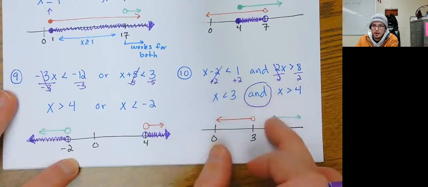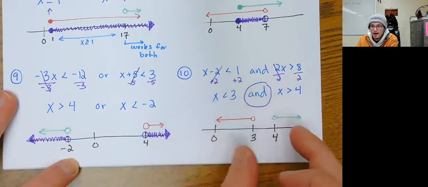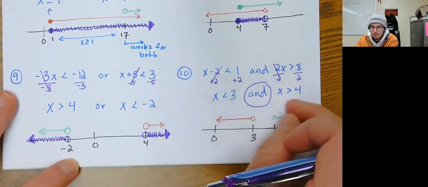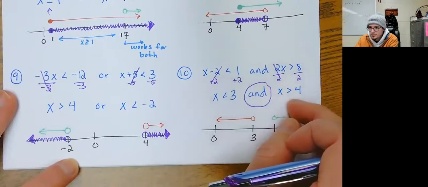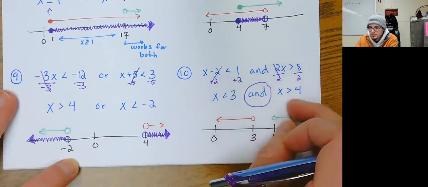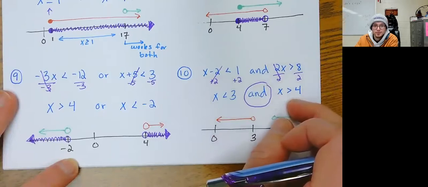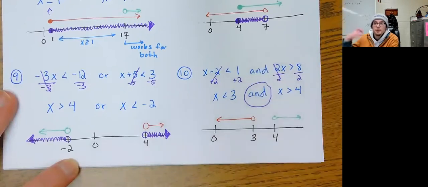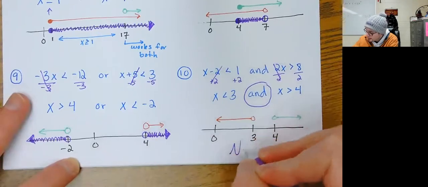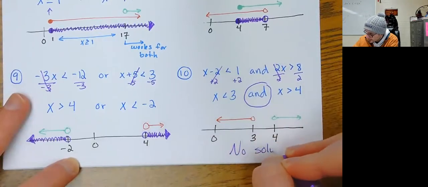There's nowhere where the values work for both of them. What happens? No solution. And hopefully, if you're watching this, you've done some problems where you've gotten no solution. I know my students have. So this one would be no solution.